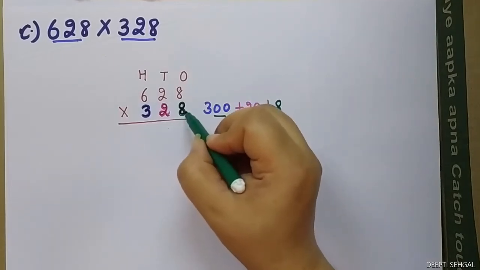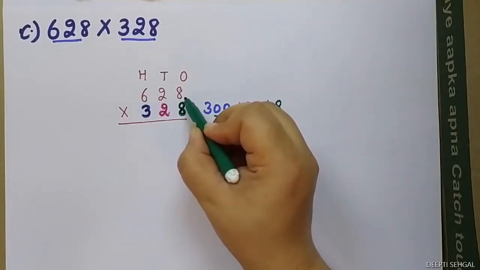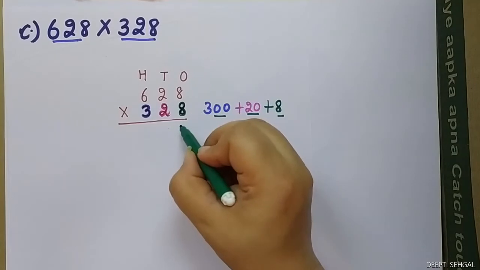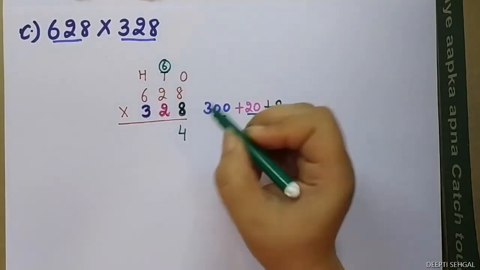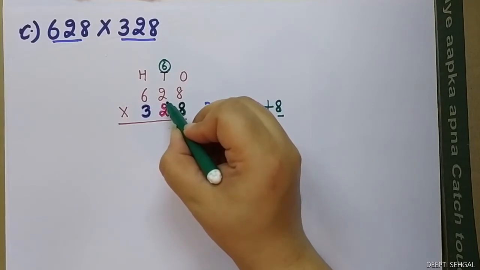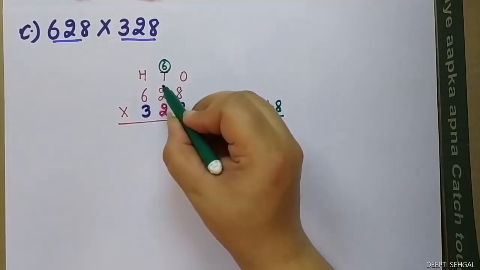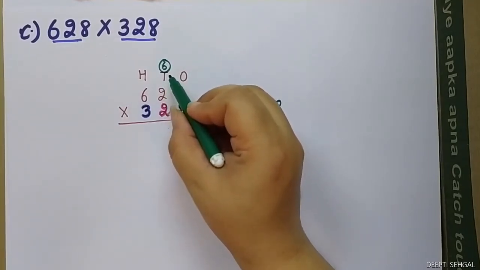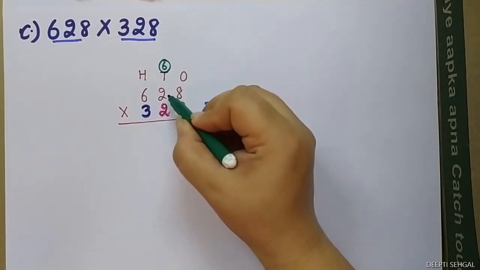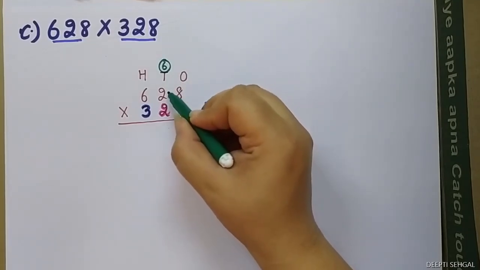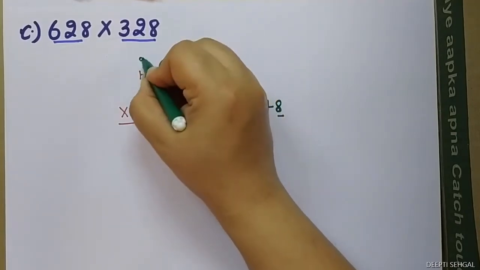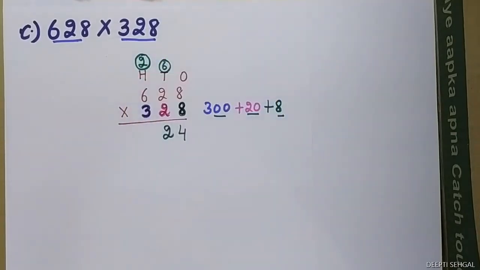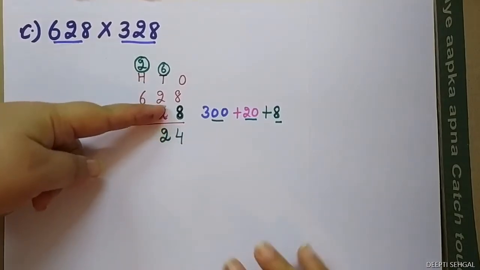So let's begin. 8 multiply by 8. What is 8 multiply by 8? 64. I am writing 4 here. 6 will be the carryover. 8 multiply by 2 is 16. 16 added to 6 is 22. 2 again carry over. We are not multiplying these.